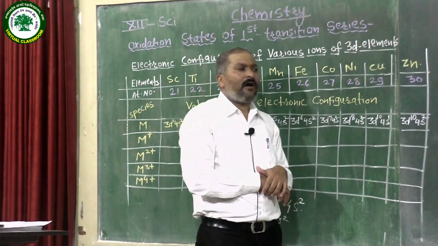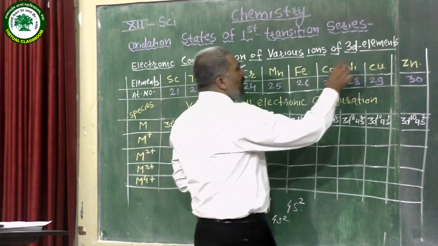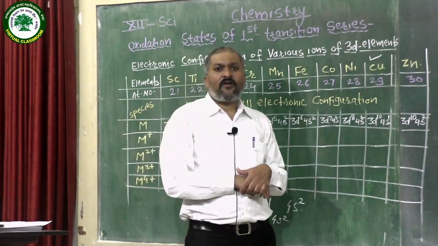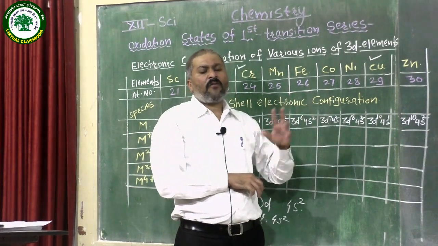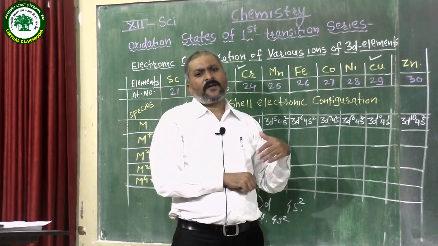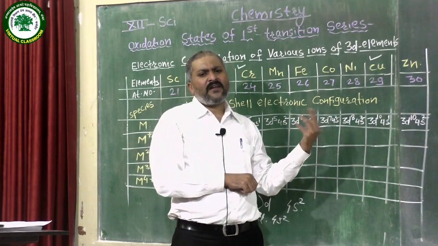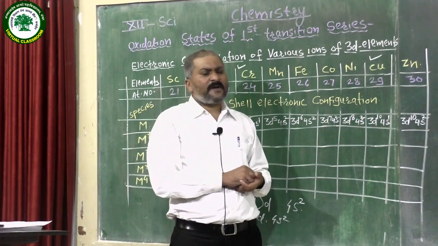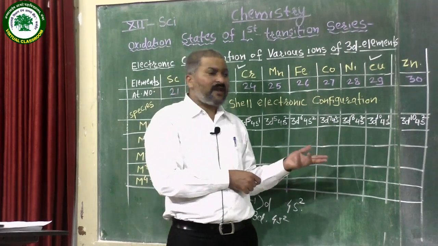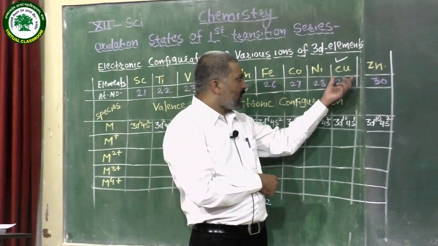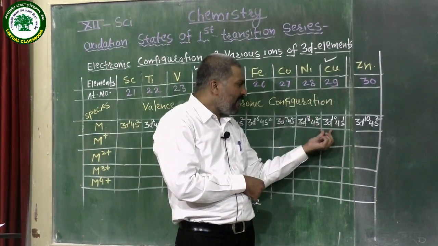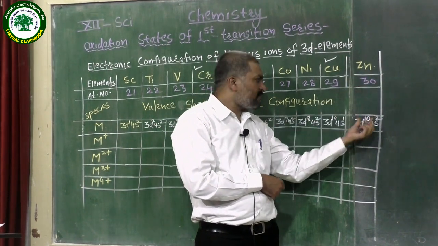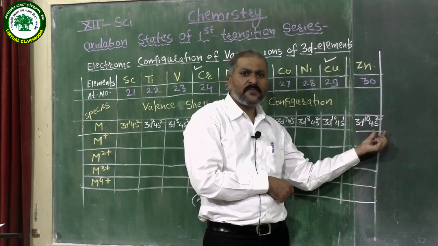Again, chromium and copper show a different electronic configuration; there is a difference between the expected and observed electronic configurations, which we saw in the last lecture. Copper, atomic number 29, has 3d10 4s1, and zinc, atomic number 30, has 3d10 4s2.